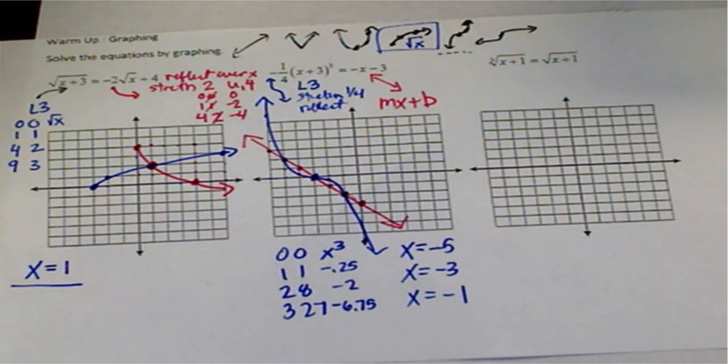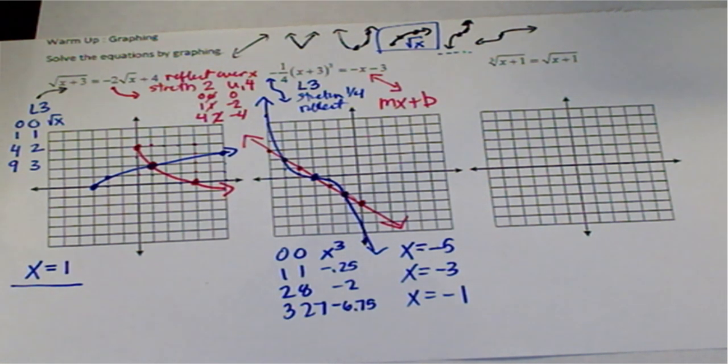So there's 3 solutions. Would I do this algebraically? It'd be kind of long and tedious. Are they considered imaginary? No. So when you solve them graphically, you will only find real solutions because they have to appear on the graph.